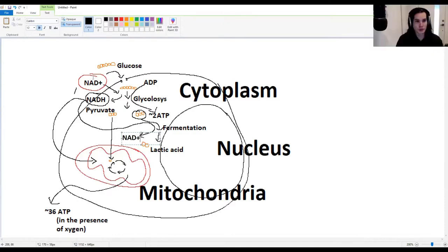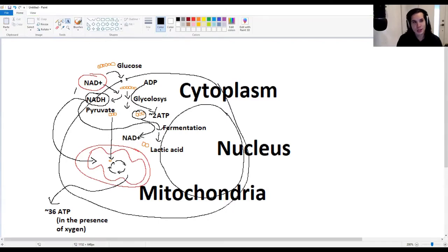All right, cool. So remember when glucose enters the cell and we wanted to undergo glycolysis to make that 2 net ATP, we use NAD+ to drive it forward. What we're doing here in fermentation is taking that NADH that we make and turning it back into NAD+ so that we can plug it back into glycolysis.